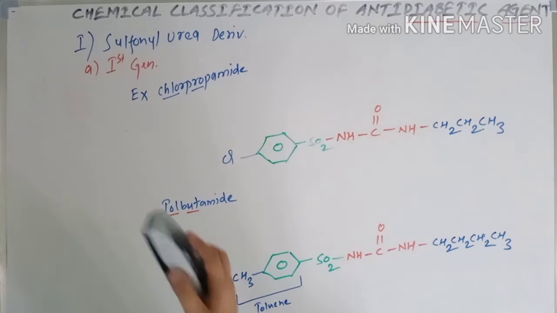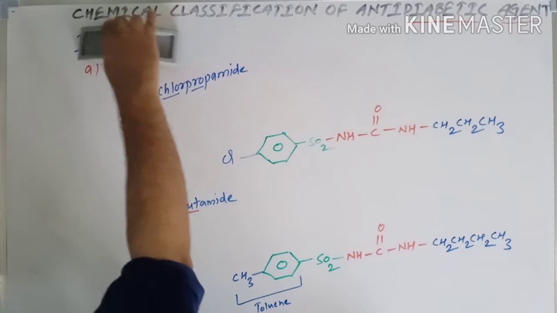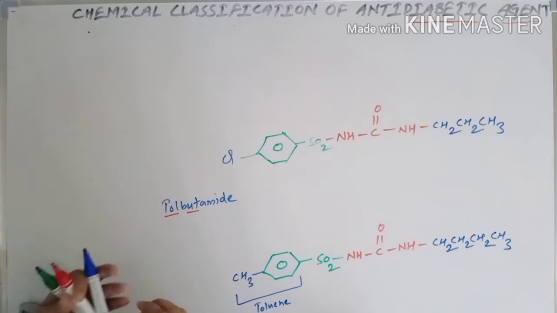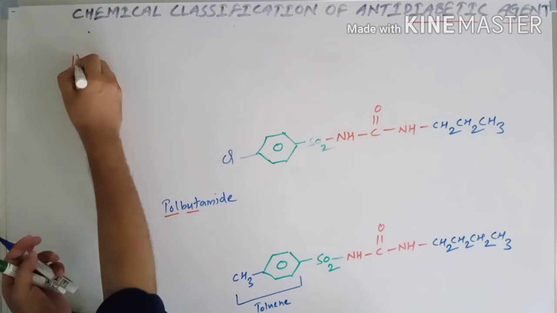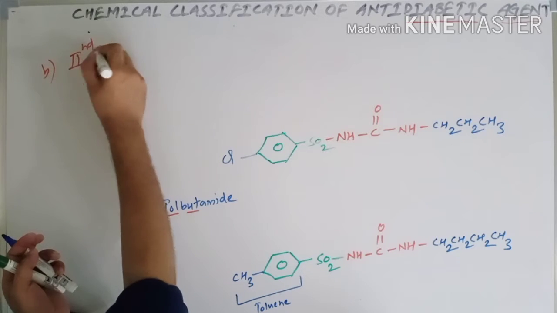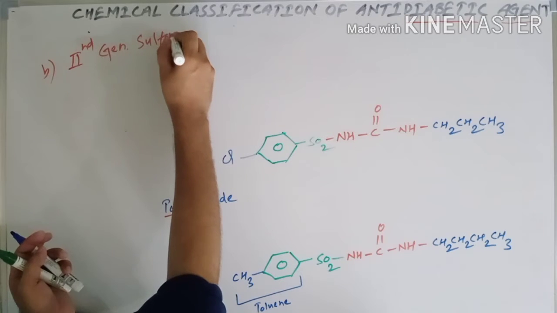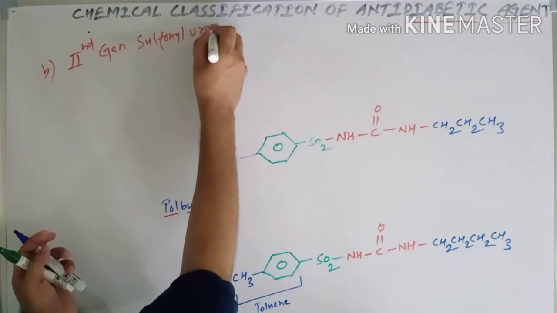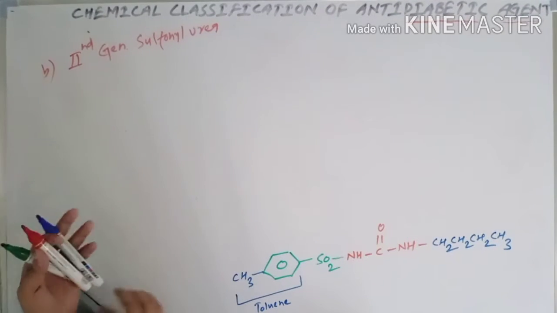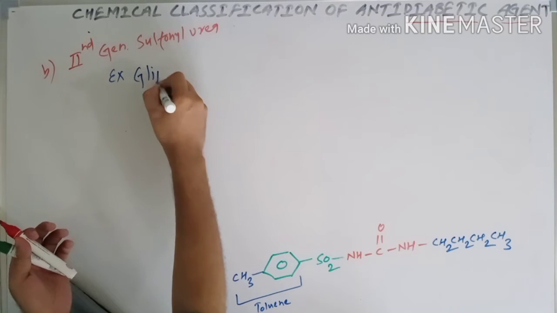Now the second class of sulfonylurea is second generation sulfonylurea, and second generation sulfonylurea have an example, glipizide.